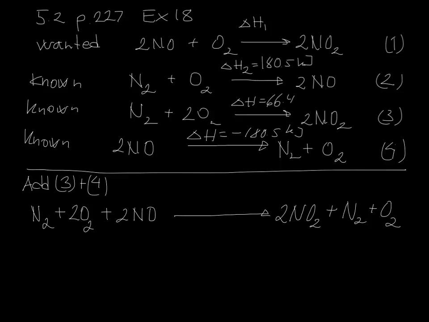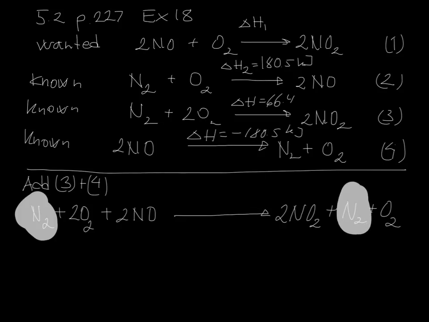If we can cancel things here, I hope we get number 1. So is there anything we could cancel? Well, we could perhaps look at nitrogen. We have that on both sides, so that can be cancelled.